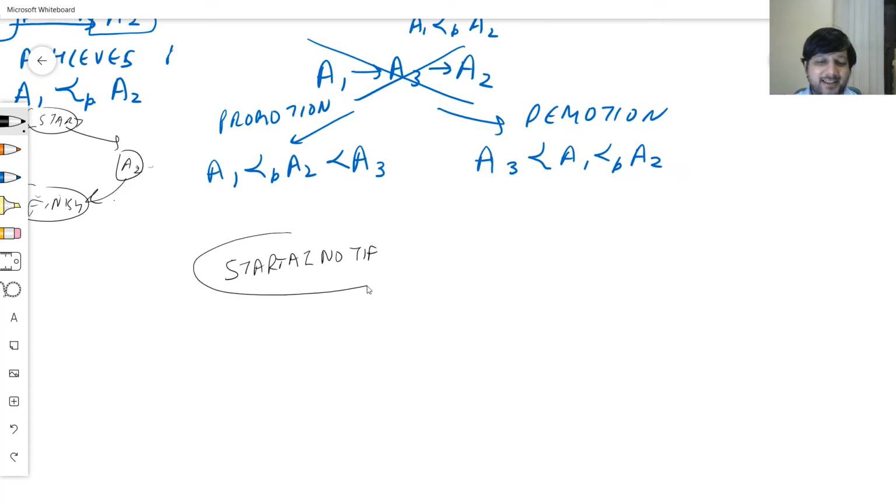If I say start AI notification, everybody quickly comes running to attend my class, and the effect of that is, of course, sitting in front of system.